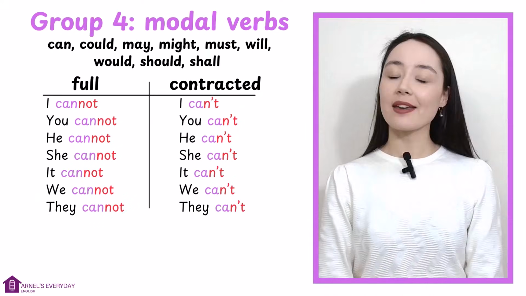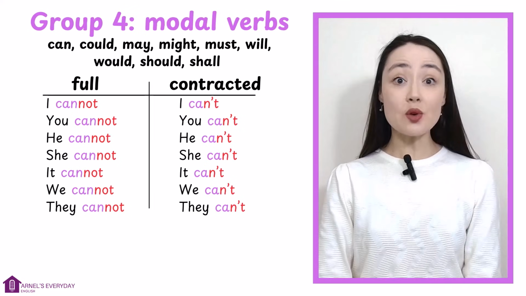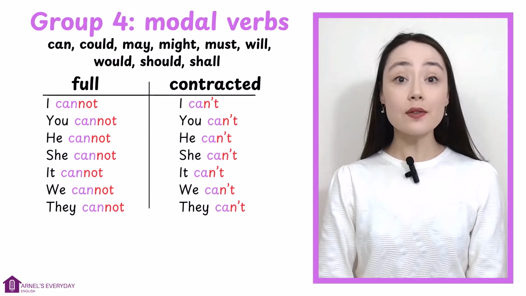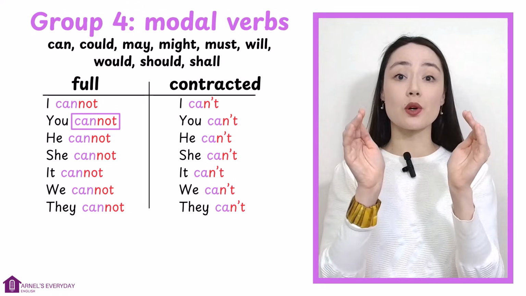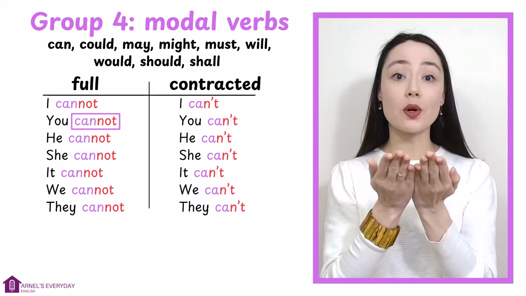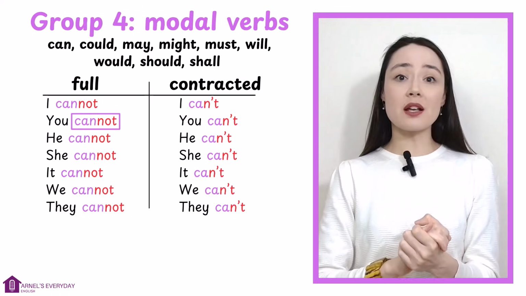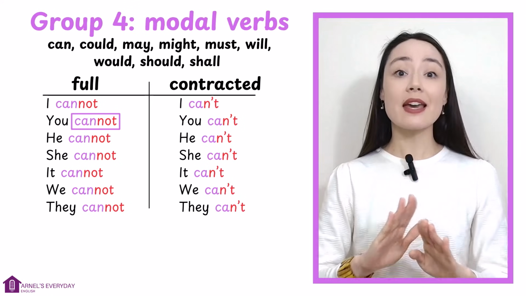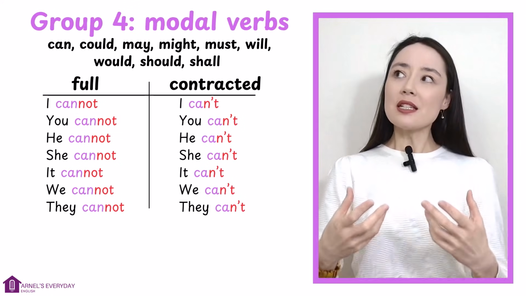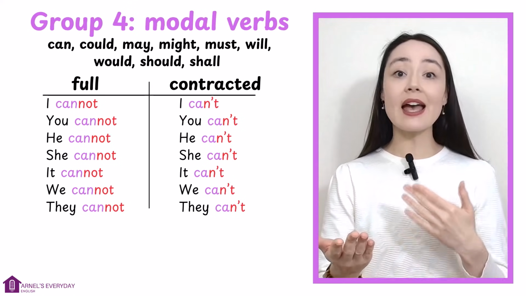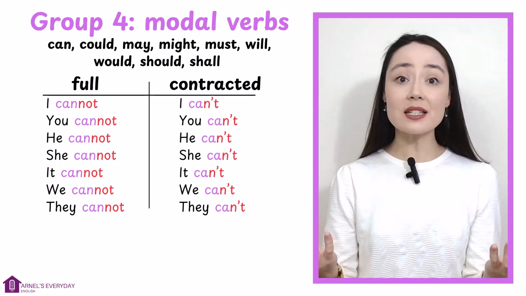Let's start with can. You can see we can contract the negative. Full form, cannot. Yes, we write it as one word. Cannot is one word. For all subjects, cannot is can't. Can't. This is a difficult one because can and can't sound very similar.